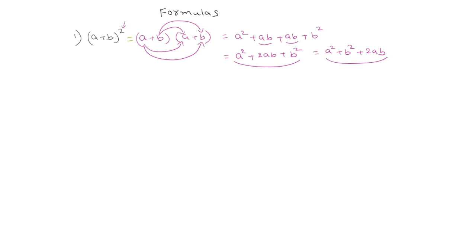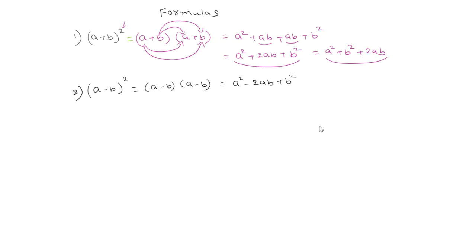And then next I am going for the continuation, a minus b whole square. In a similar fashion we can write a minus b into a minus b. If we multiply a minus b into a minus b in a similar fashion, the final output will be a square minus 2ab plus b square.